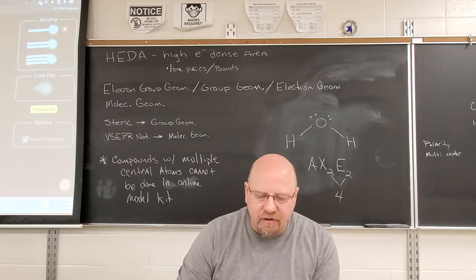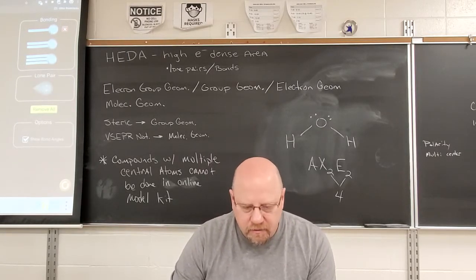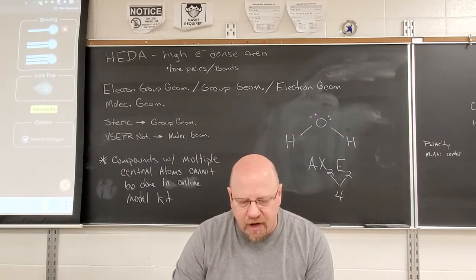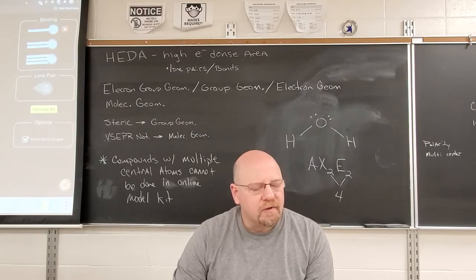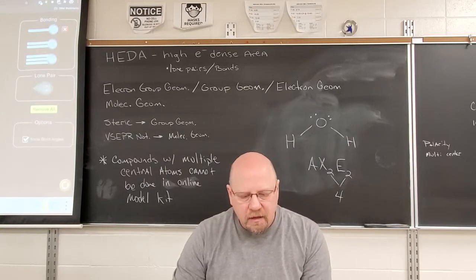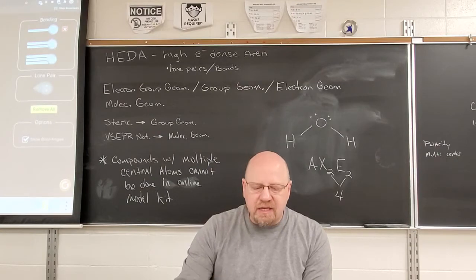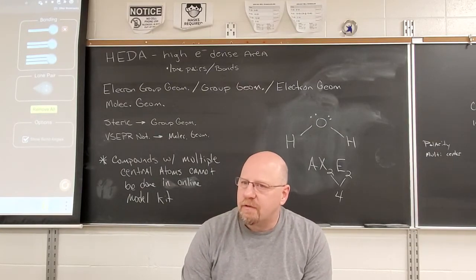But if I increase this angle, I'm going to increase the repulsions over here. Well, you're thinking, well, Mr. K, pull it down. If I try to pull this down, I'm going to make all of the angles closer. So this is the 120 degrees. That is the least repulsions that are going to occur between the atoms.